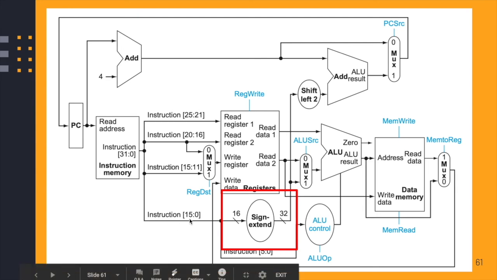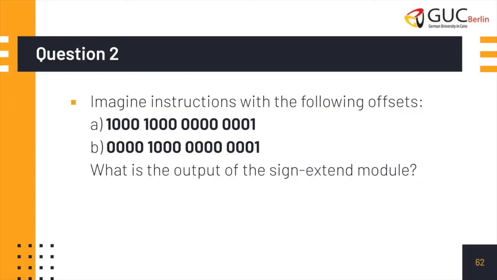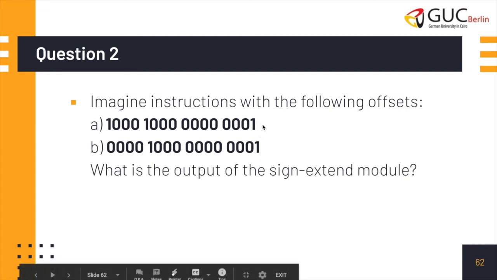If bit number 15 is 1, it means the number is negative, so I need to add 16 ones to the left. Okay, and thus the number became compatible, having the same width as all of our data in our MIPS architecture, which is 32 bits in width or in size.